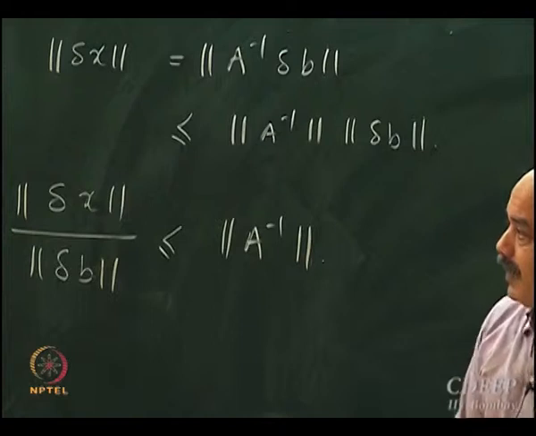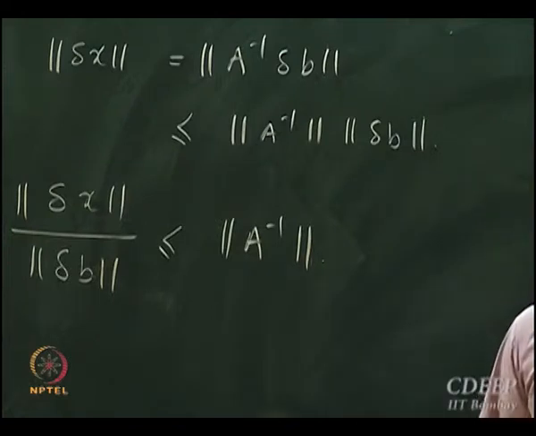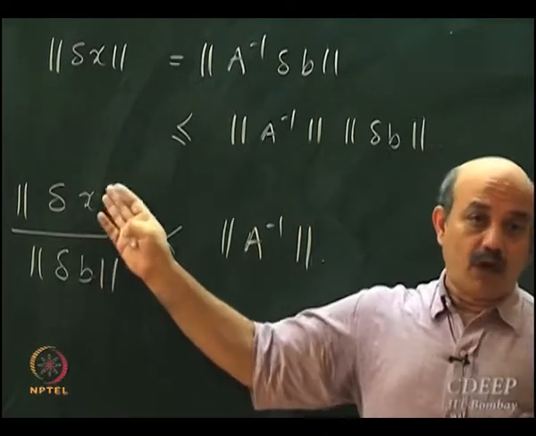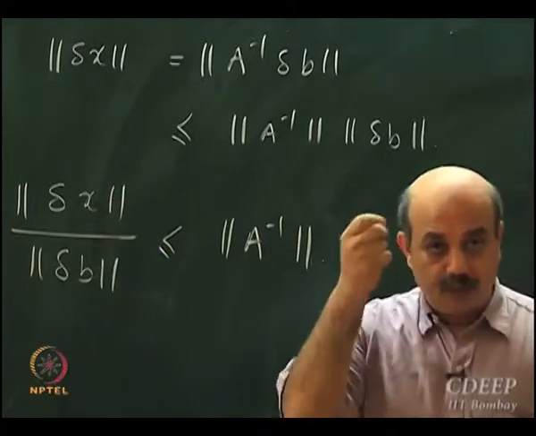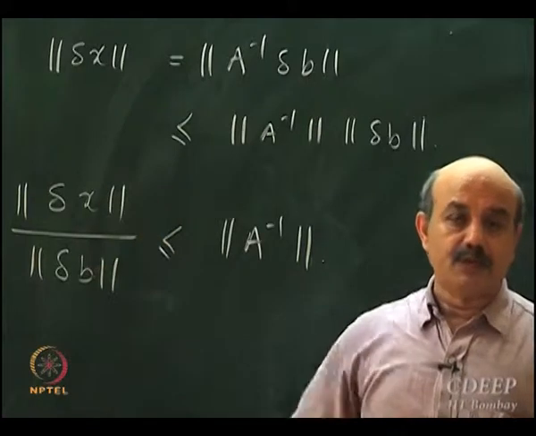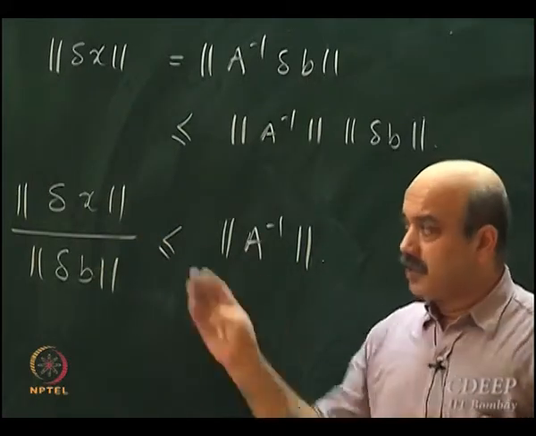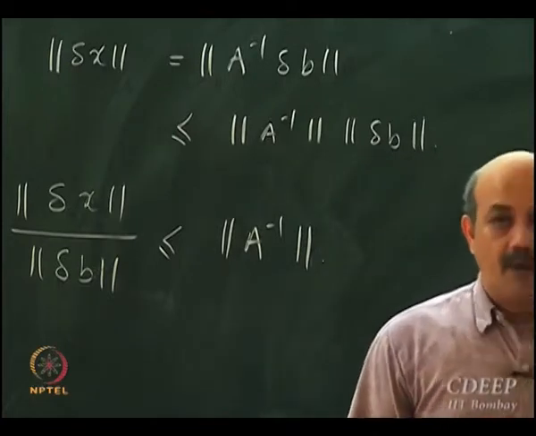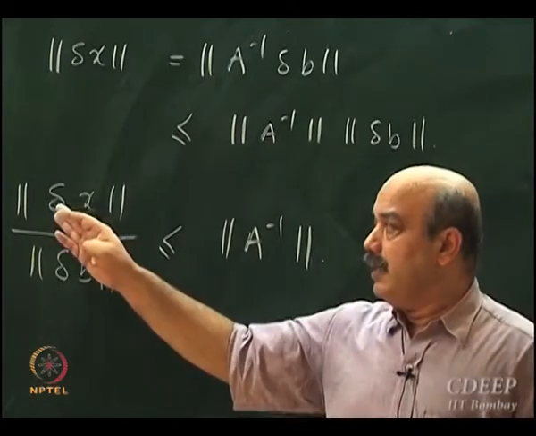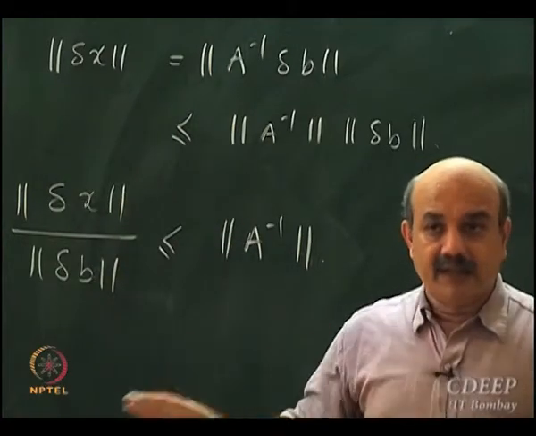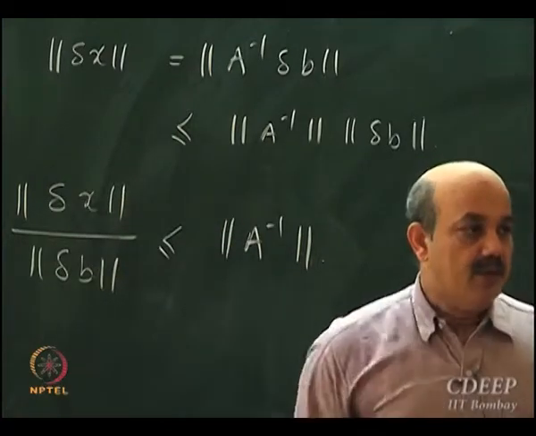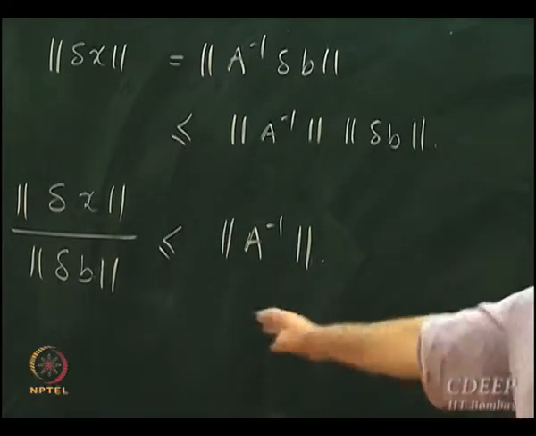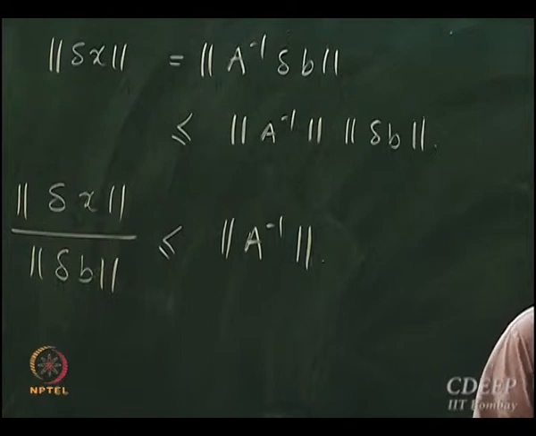Well, in general, when you talk of delta X and delta B, these could be very, very small numbers, and then the ratios sometimes don't help you to quantify everything. We need to talk about relative change. I would like to know about delta X by X, delta B by B, the percentage error with respect to the original solution. So this inequality is not sufficient. I need something more.